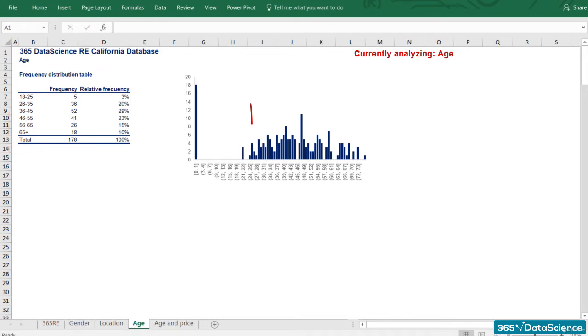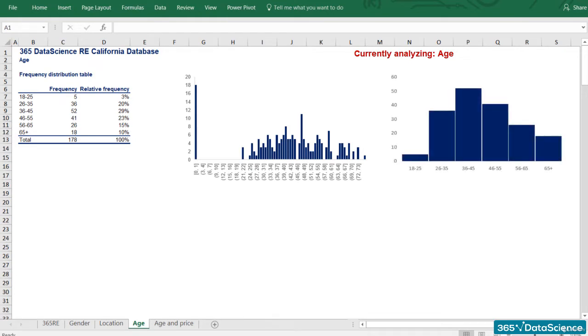Most of the data falls between 25 and 60 years, which is evident from the frequency distribution graph. Therefore, our intervals are a good fit of the data. Let's build a new histogram based on them. Done. This representation is much neater, isn't it? We can clearly see that 36 to 45 is the age at which most people purchase a real estate property.